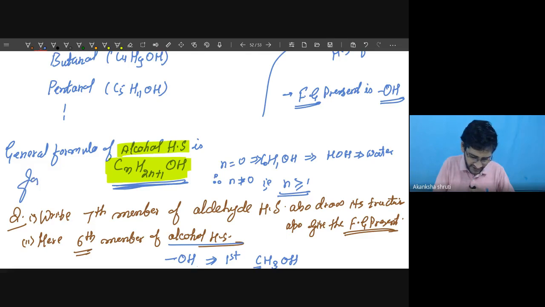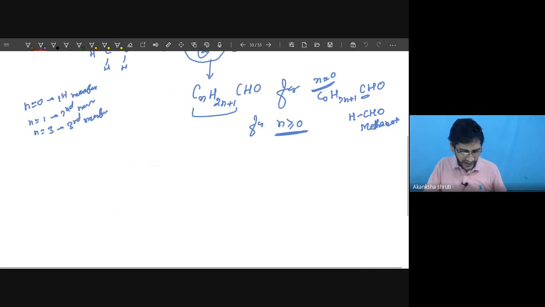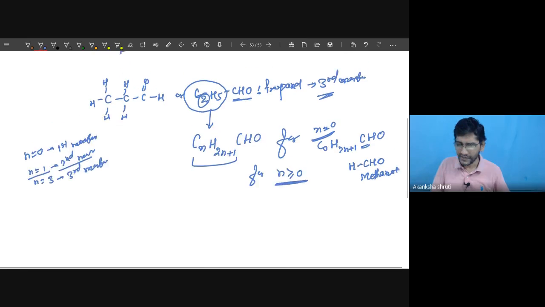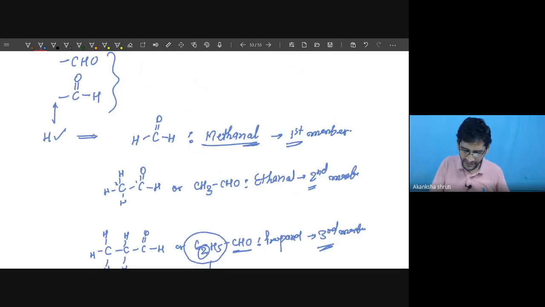So for n greater than or equal to 1, n equals 1 gives the basic member, n equals 2 gives the second member. But for our aldehyde, n equals 1 is not giving the basic member, but n equals 1 is giving the second member. Are we getting from here? The same thing.